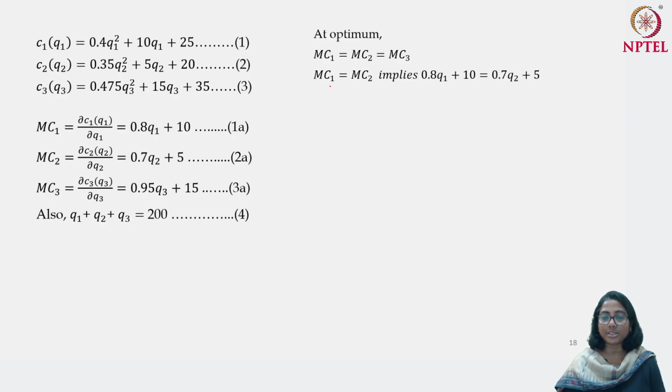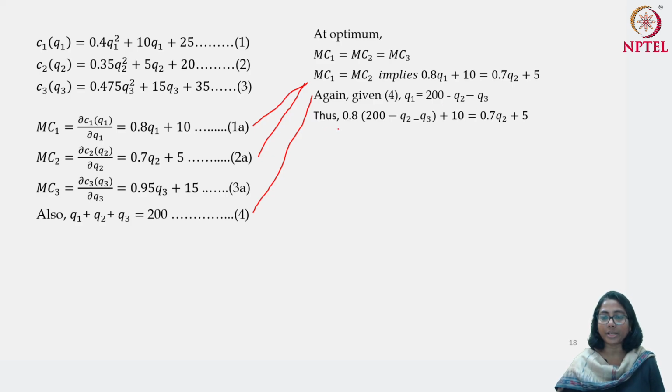Now MC1 equal to MC2 implies, from this one and from this one, 0.8 Q1 plus 10 is equal to 0.7 Q2 plus 5. Again, if I plug in constraint 4, then I have Q1 equal to 200 minus Q2 minus Q3. I am putting it in this condition, so I am getting 0.8 times, instead of writing Q1, now I am writing 200 minus Q2 minus Q3, plus 10 equal to, again from here, 0.7 Q2 plus 5.